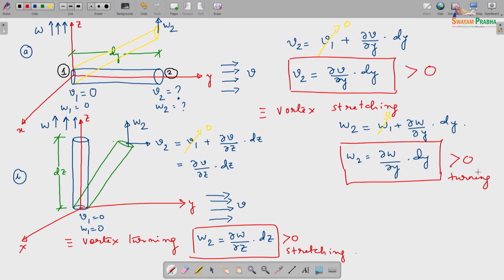Make sense? Okay. So now I leave the x axis to you. Why don't you figure out for yourself, if I consider the velocity in the x direction, how that is going to behave and what that is going to do. So you take x and z, and x and y, and see what that's going to do.